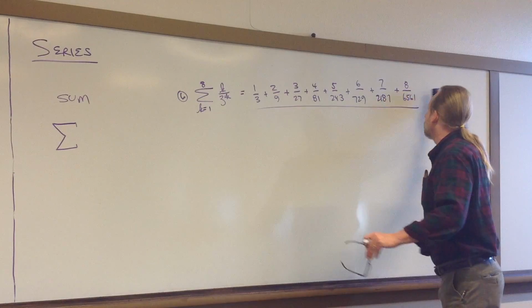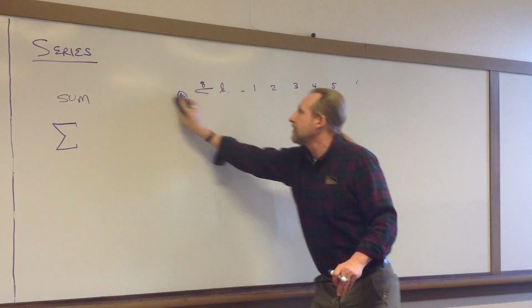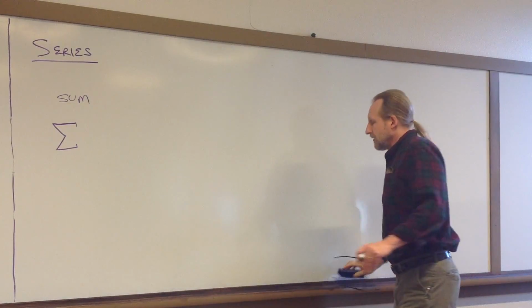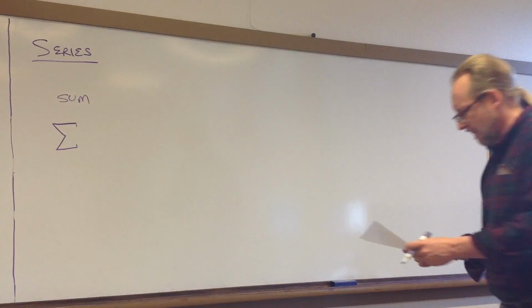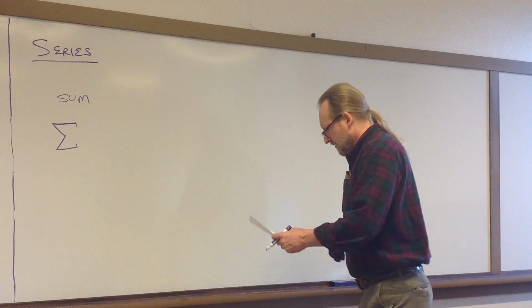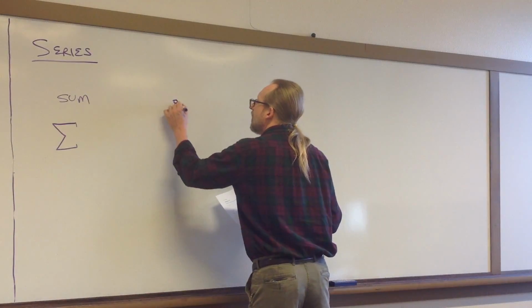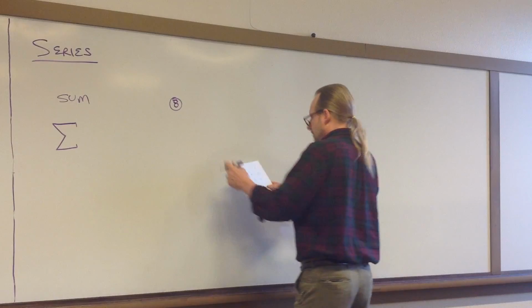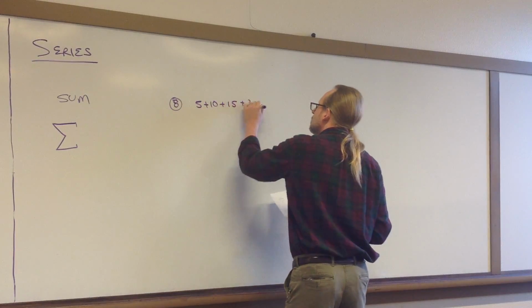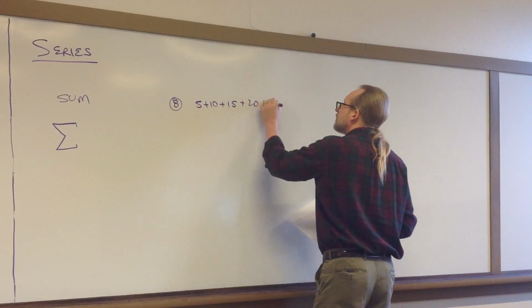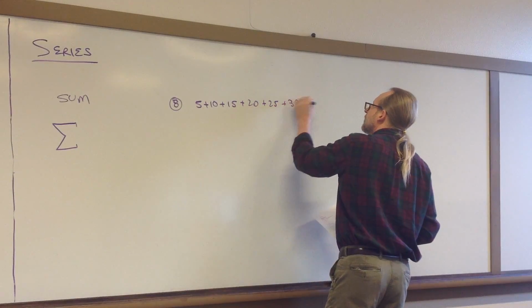In the second half of the assignment, we've got things that are written out in expanded notation, and we want to rewrite them using the sigma notation. All right, these are all finite series. So, problem 8, 5, 10, 15, 20, 25, and 30.